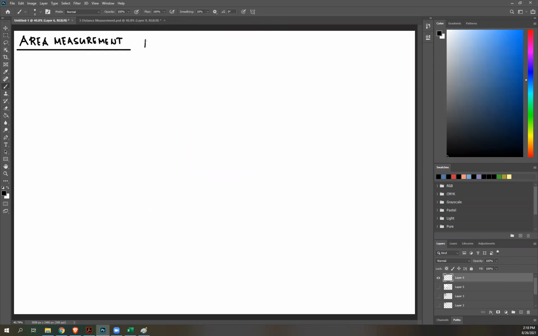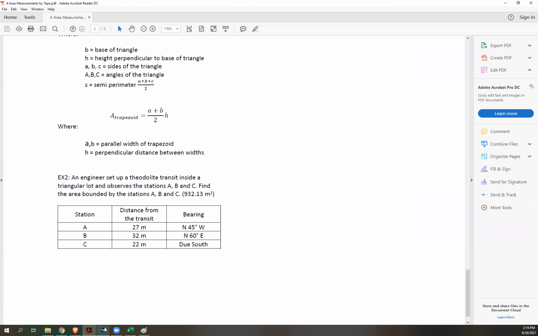Triangulation. All right. So theodolite, you don't know what a theodolite is yet, but it's just an instrument where you can get distances and angles. Okay, so you'll eventually see what that is in your fieldwork. So theodolite inside a triangular lot, and these are the observations for stations A, B, and C.